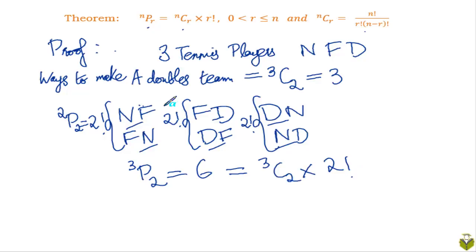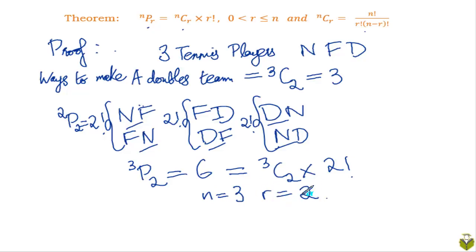There are 3C2 ways in which selections can happen, and each of the selections can be arranged in 2 factorial ways. So that is basically proved for the special case of n equal to 3 and r equal to 2.